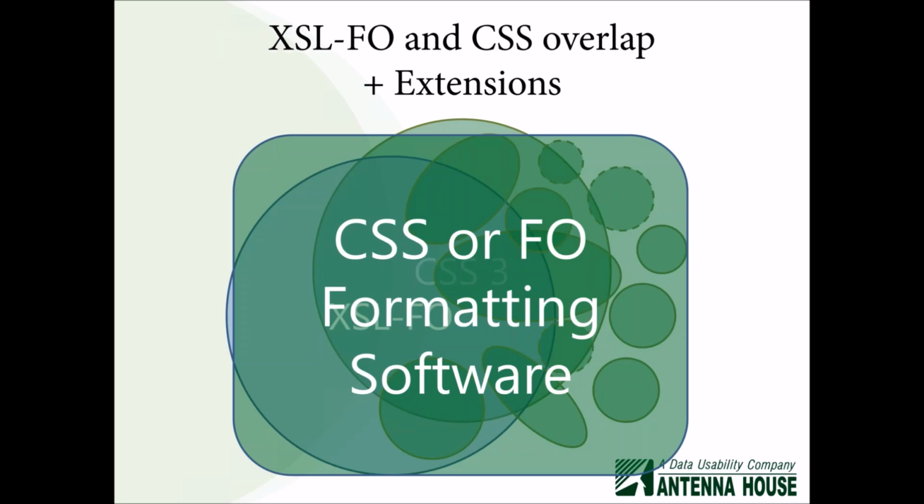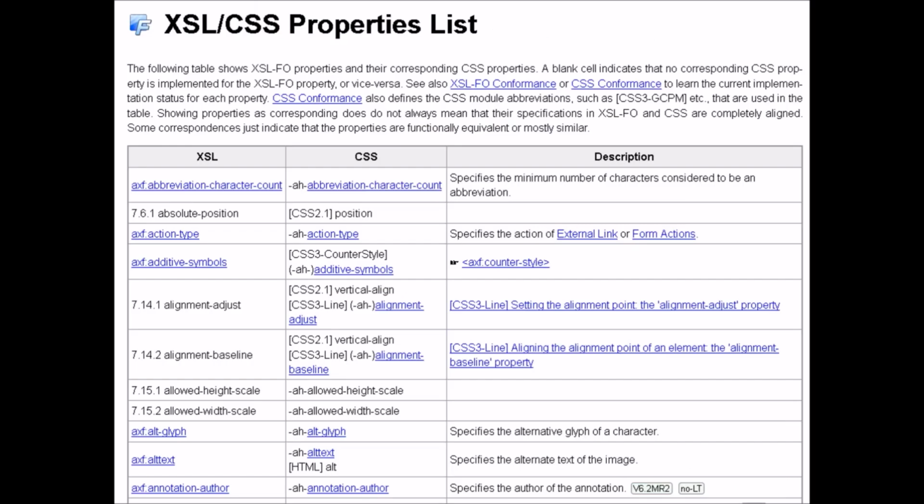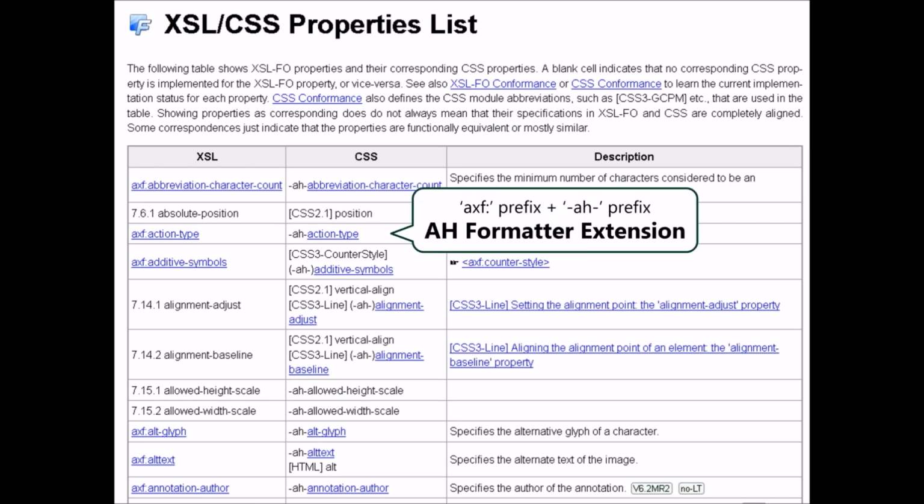And then the engine on top of that is what really enables all that to work and produce the final output. Taking the properties, again, we have the Antenna House extensions.